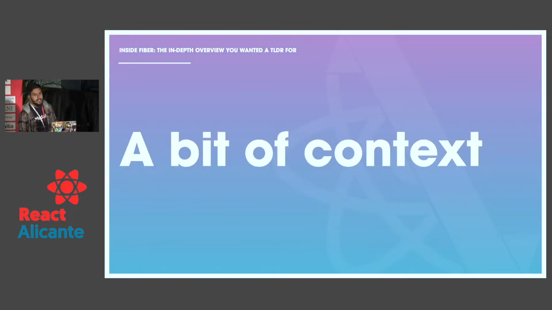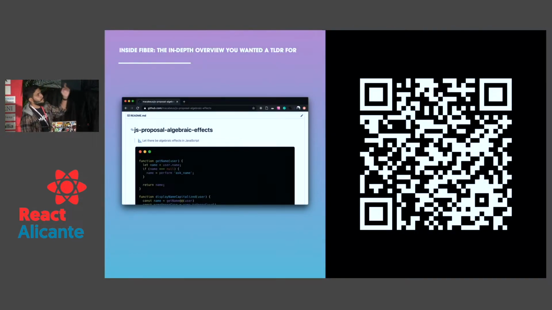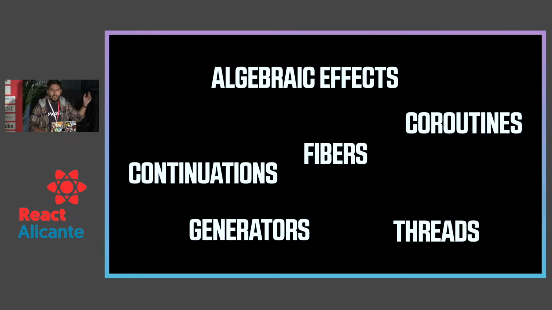So a bit of the whys and the context, and why we're here discussing this. My story with that started back in 2020 when a friend of mine was working on a Babel plugin because he was preparing a TC39 proposal and he wanted to add algebraic effects into JavaScript. So he prepared a plugin for that and he asked me for feedback. And when I was going through that, I saw this huge cloud of terms and words, expressions, etc. Some of them I had never heard.